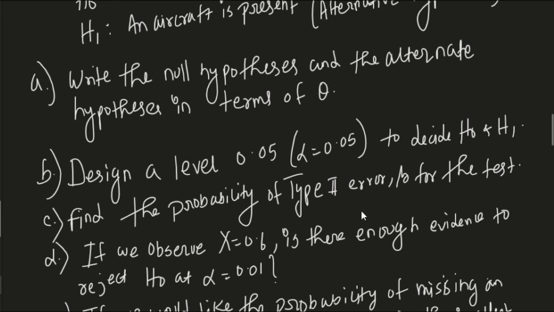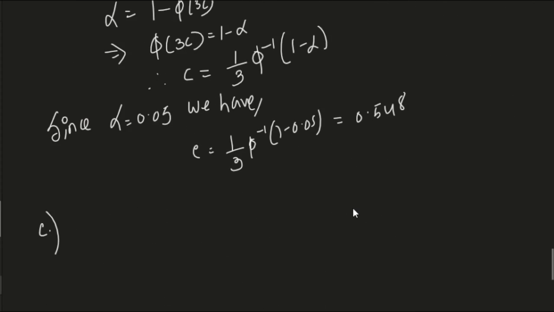Find the probability of type 2 error beta for the test. Okay, so we are trying to find the type 2 error now.